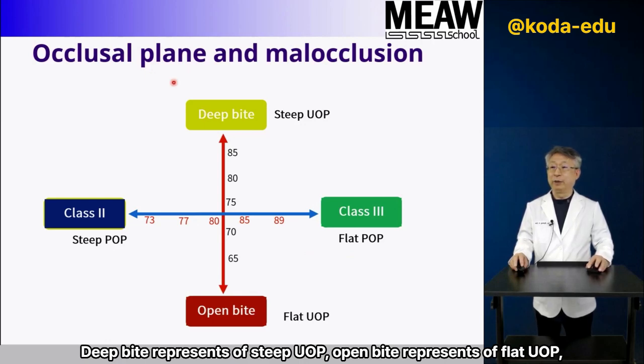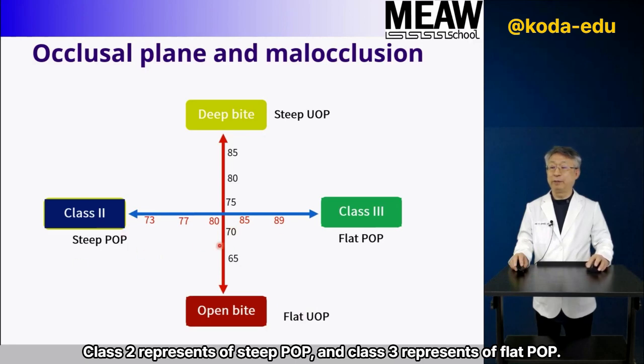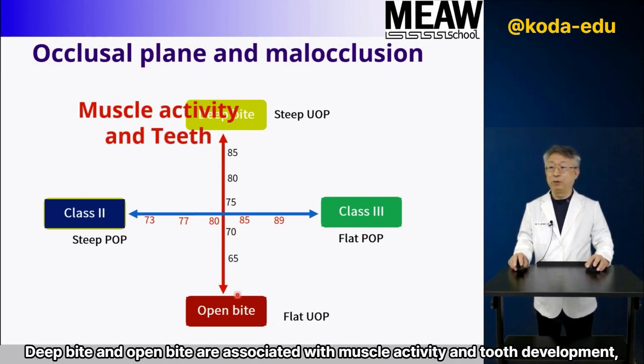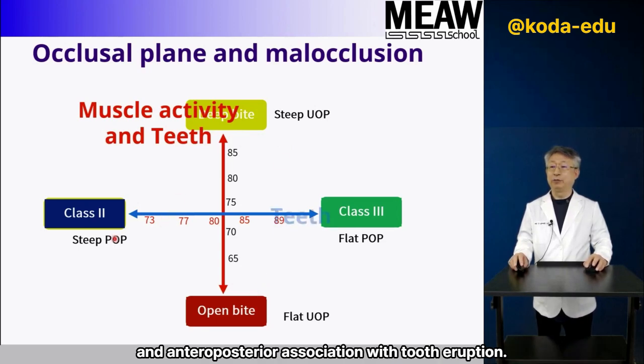Deep bite represents a steep UOP, open bite represents a flat UOP. Class 2 represents a steep POP, and Class 3 represents a flat POP. Deep bite and open bite are associated with muscle activity and tooth development, and anteroposterior relationship with tooth eruption.